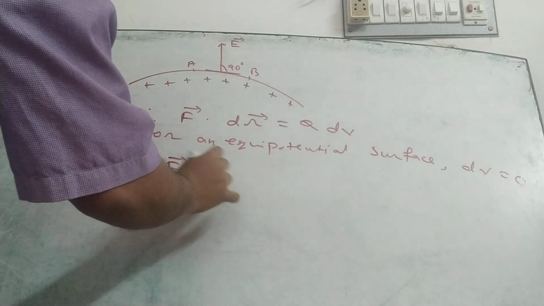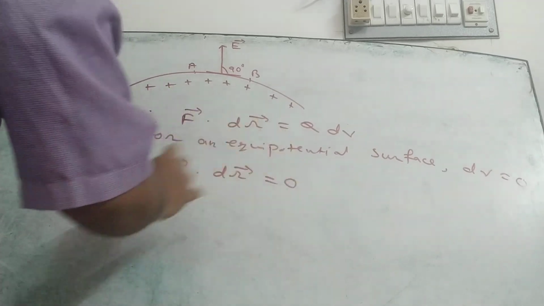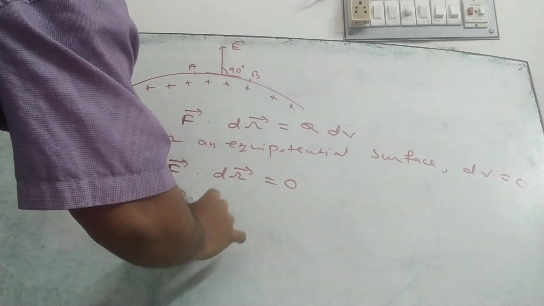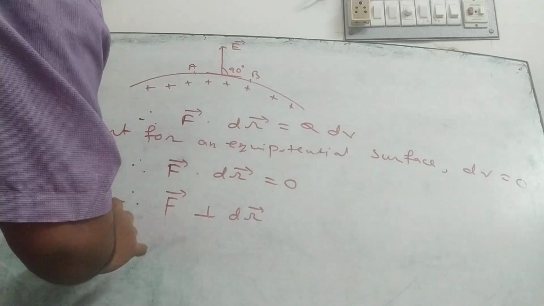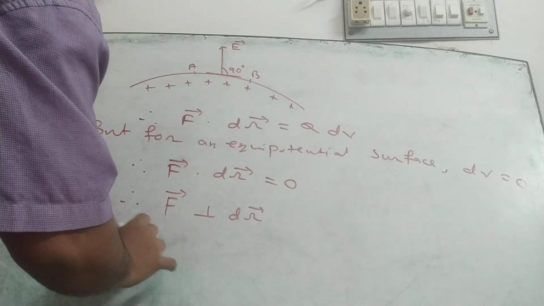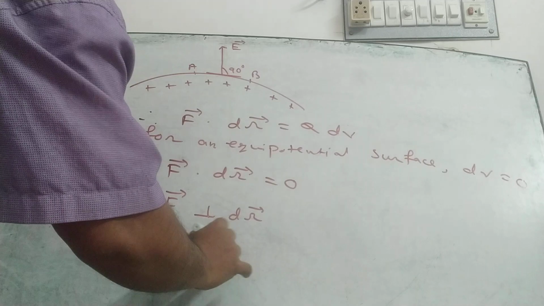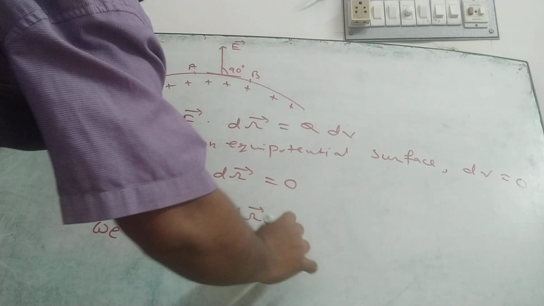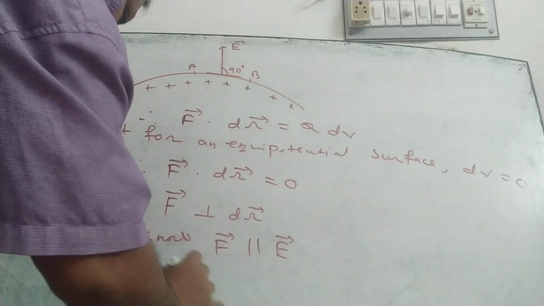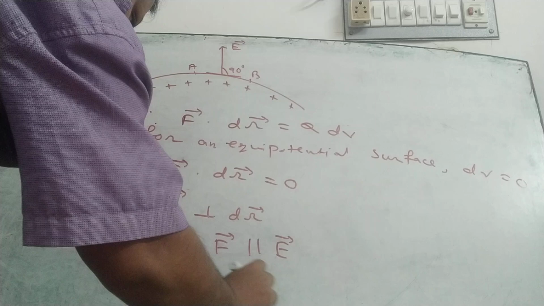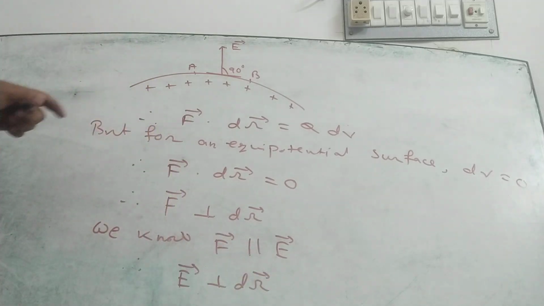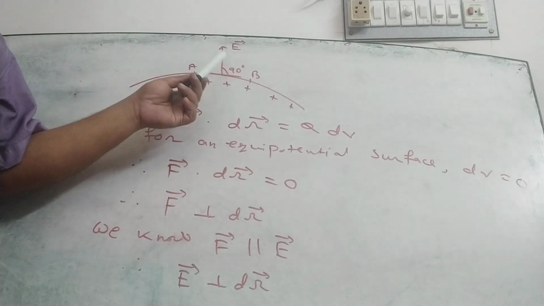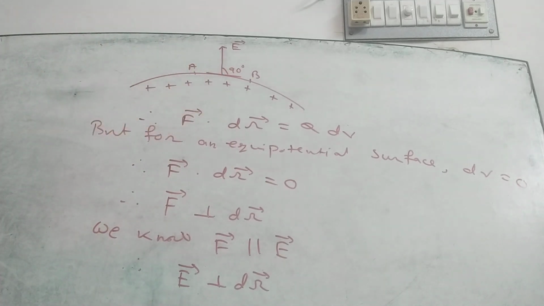Therefore, F vector dot dr vector is equal to 0. Therefore, F is normal to dr, and we know F vector is parallel to electric field vector E. Therefore, the electric field is also normal to dr. Therefore, electric lines of force always emit from the equipotential surface in the normal direction.